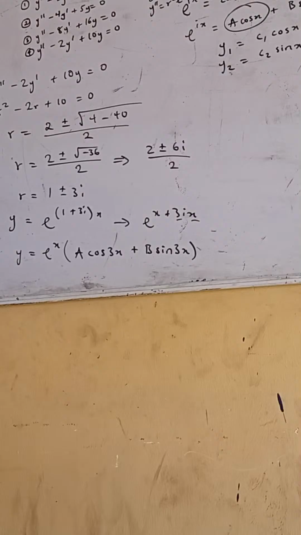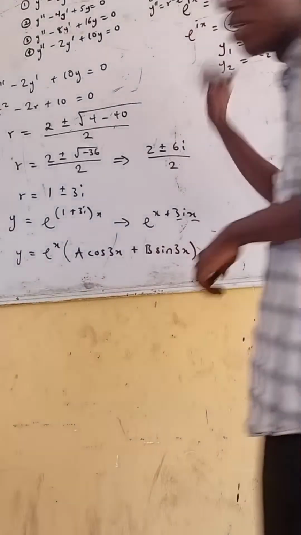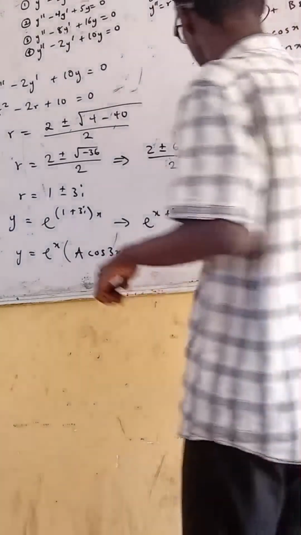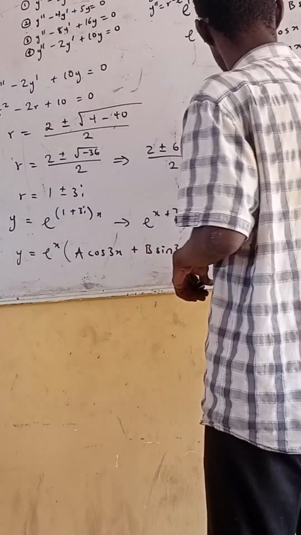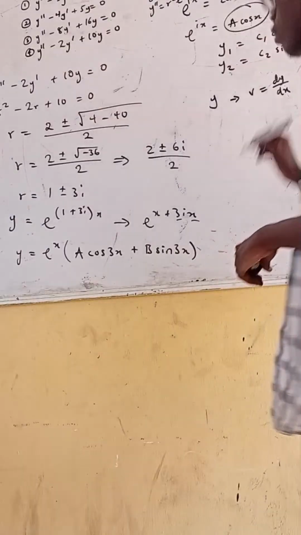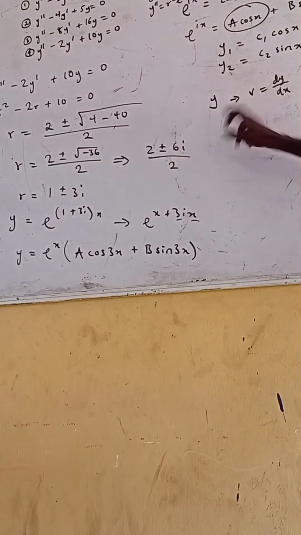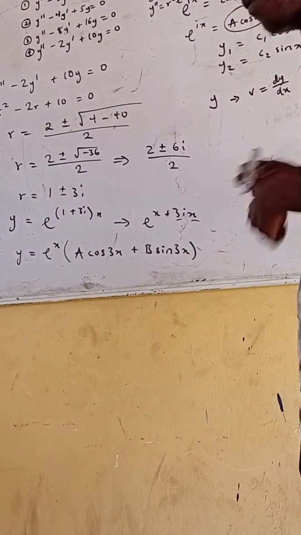Then there is one. Whenever you have an ODE where y is missing, the transformation we use is v equals dy dx. Y is missing, so this v is a function of x.